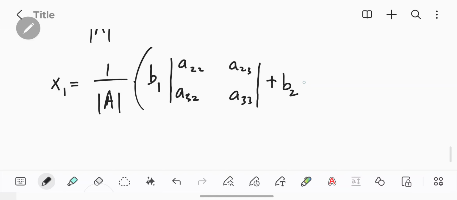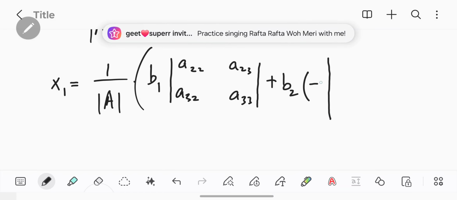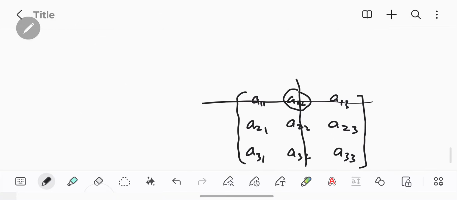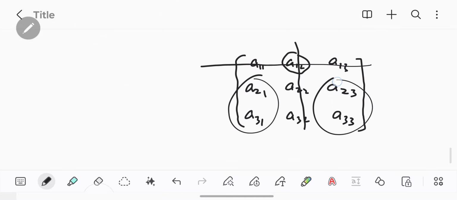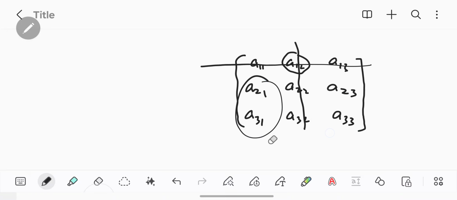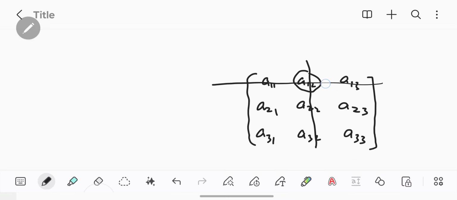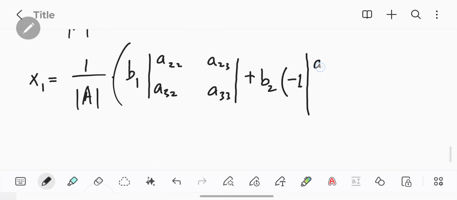So I will write minus 1 times the determinant found by these elements, A21, A23, A31, A33.